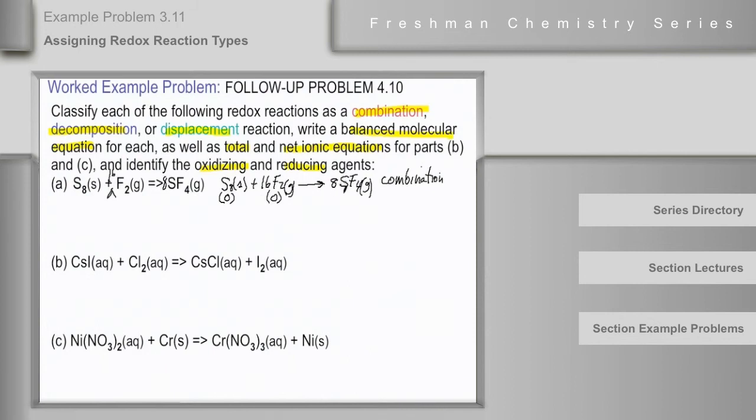And in SF4, sulfur has a +4 oxidation number, and fluorine has a -1 oxidation number. And therefore, sulfur increases in oxidation number, so it is the reducing agent. And fluorine decreases from 0 to -1, so it's the oxidizing agent.